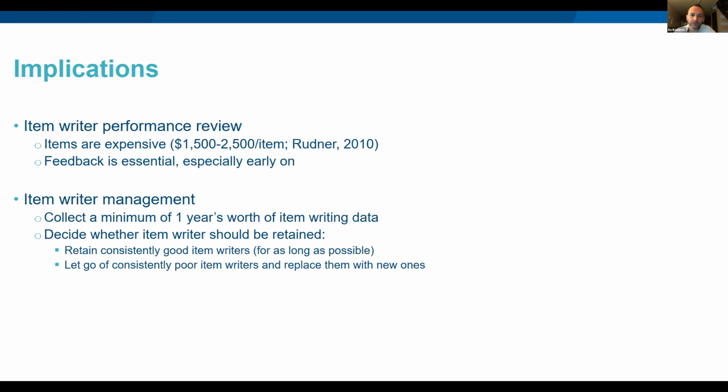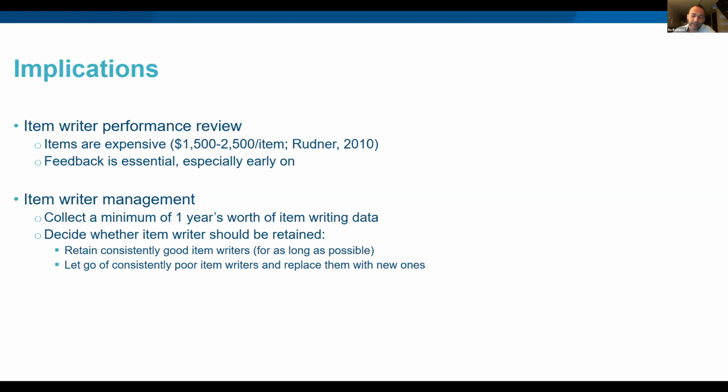What are the implications of this main finding? Well, we have to talk about item writer performance and management. So as you are well aware, most likely, items are very expensive to develop. One estimate is about $2,000 per item. And to sustain a healthy item pool, you need hundreds, if not thousands, of items.